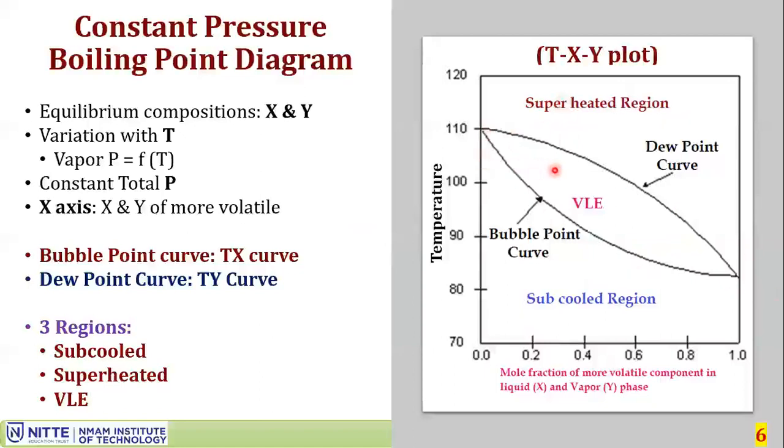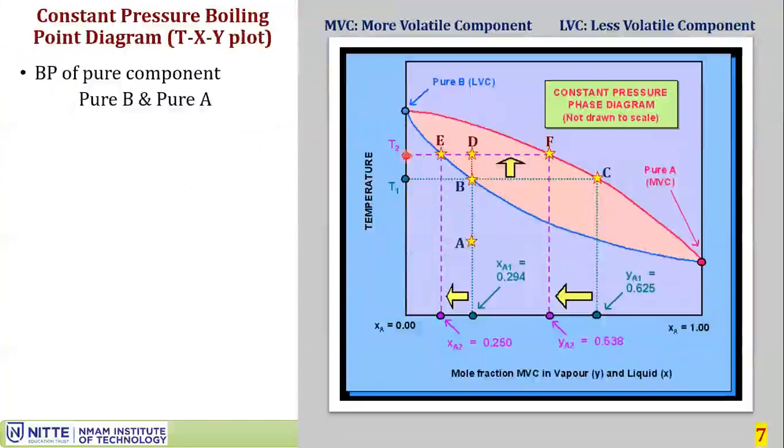Let's look more into this particular aspect. That is BP, the boiling point of the pure component, pure B and pure A. They are depicted here. LVC stands for less volatile component. MVC stands for more volatile component. For the more volatile component, the boiling point is this much.